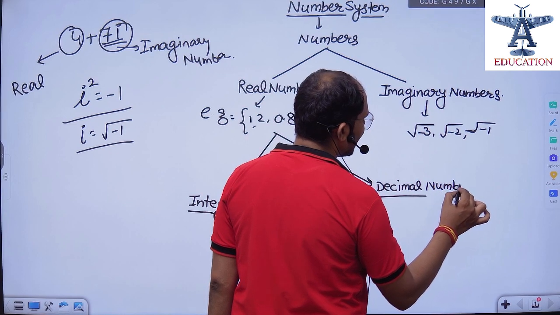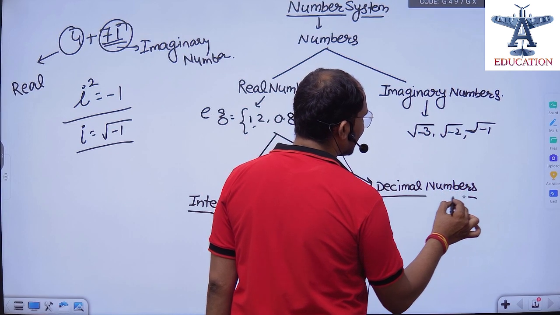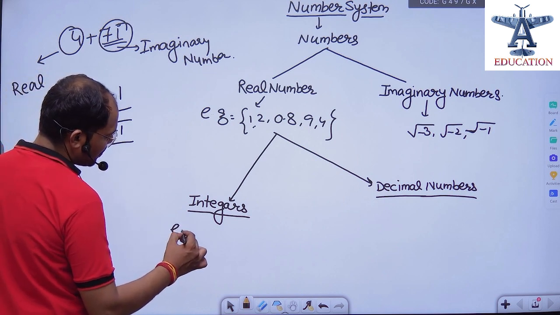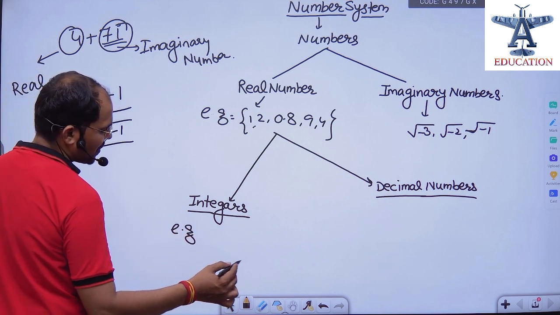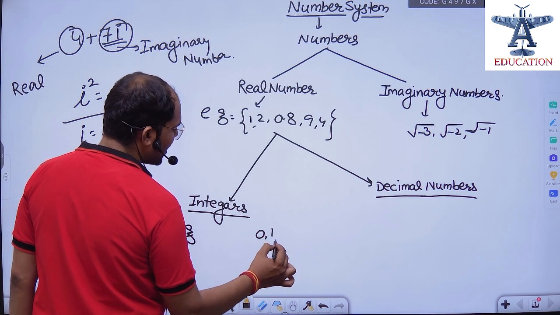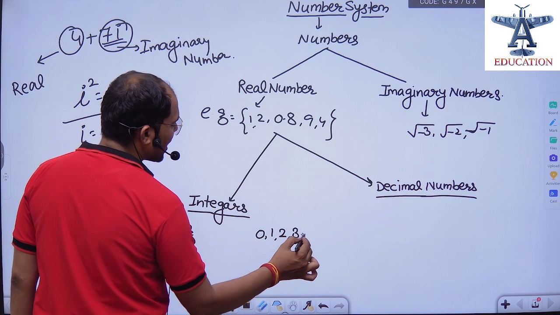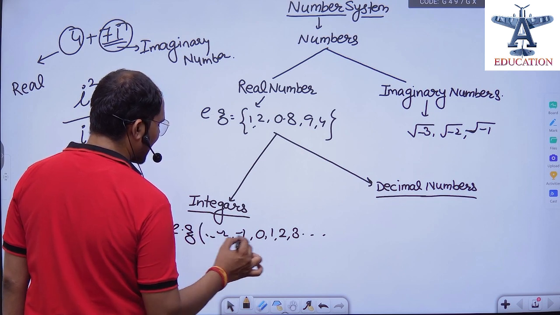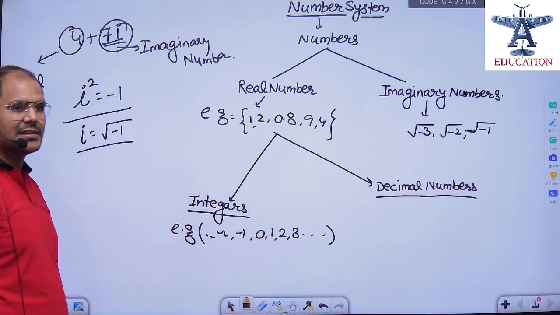First one is integers, and second one is decimal numbers. For example, 0, 1, 2, 3 up to infinity and minus 1, minus 2 up to infinity, these are known as integers. Okay.